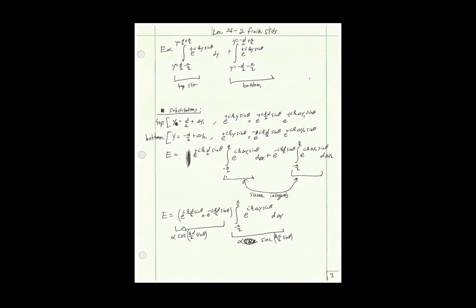These are the same integrals. And so our electric field is just this integral multiplied by the sum of these factors. And the sum of these factors is cosine kd over 2 sine theta. And this is a sinc function.